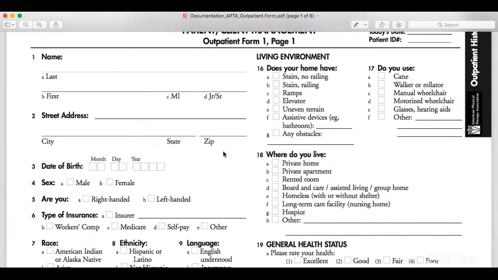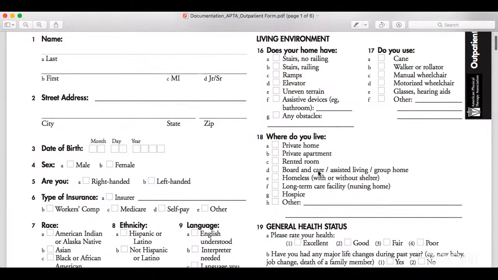The living environment. Are there stairs, any railings, any elevators, any ramps? Is there any uneven terrain? This is narrative reasoning. You are not using this to think of what the condition of the patient is, but well, you can think. This is clinical reasoning. Maybe there might be something that will indicate what the problem is.